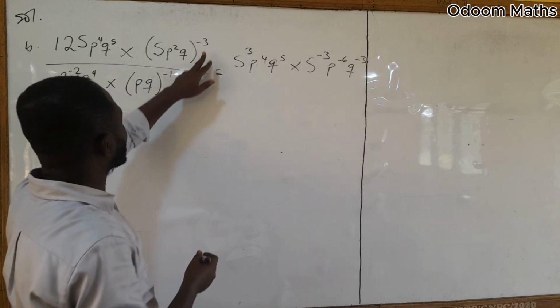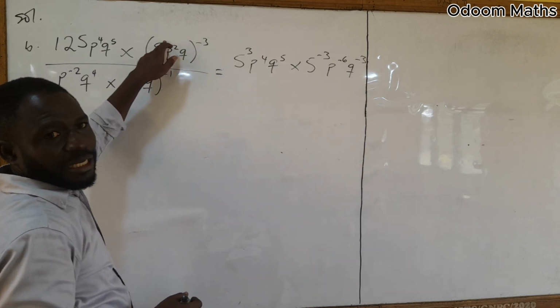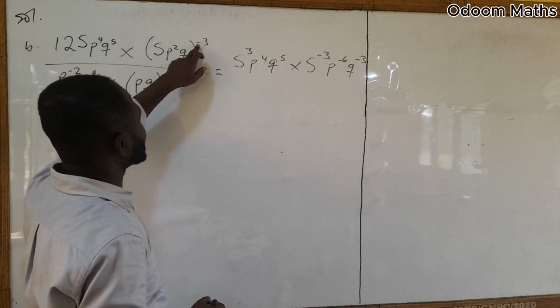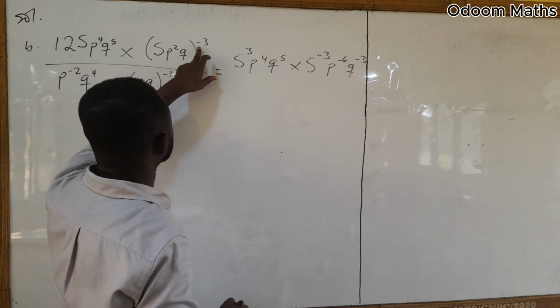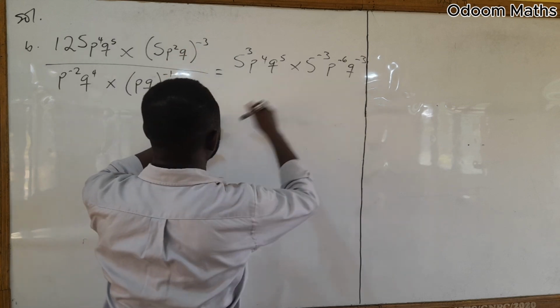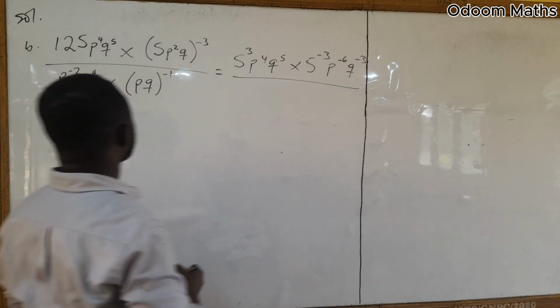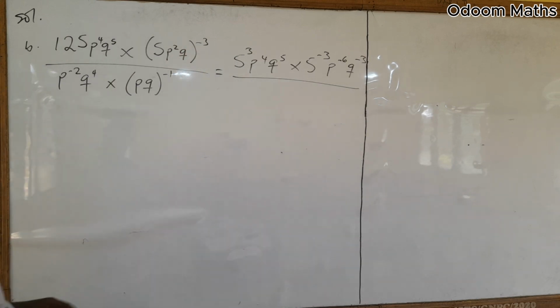That is, 1 times the 5 here becomes negative 3, by the third law. Then 2 times this one is also negative 6. And q times 1 is also negative 3. Now let's look at the denominator.